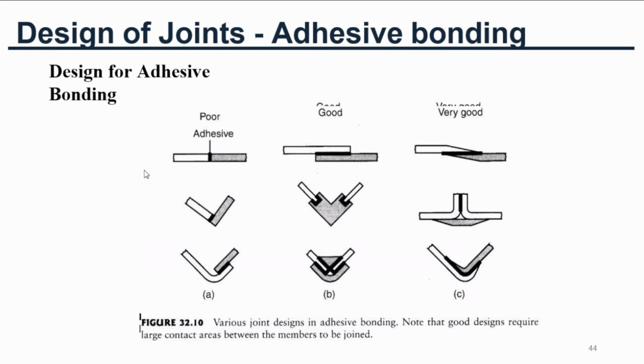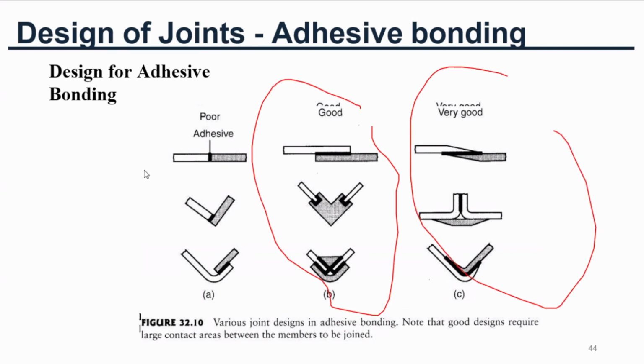Here are the good ones, and these are very good. In the good one, the double strap overlap layout aligns the path, so the glue line works mainly in shear across most of its area. A very good one is the double lap. Here you can see flange corners and area.